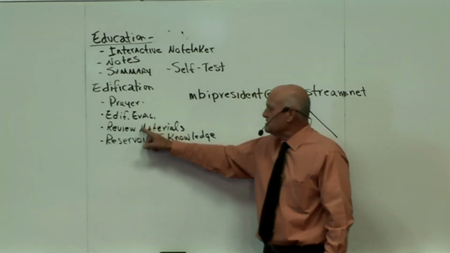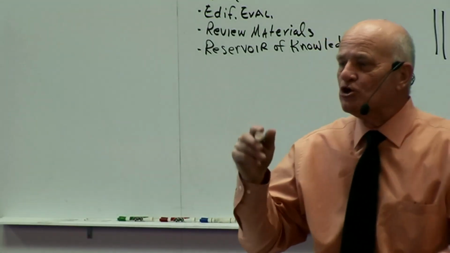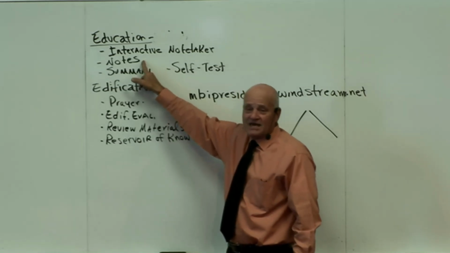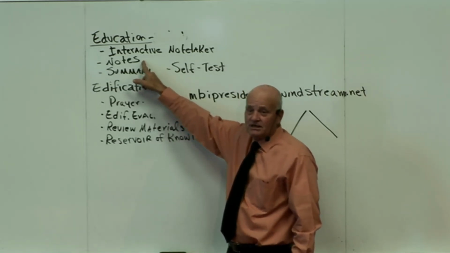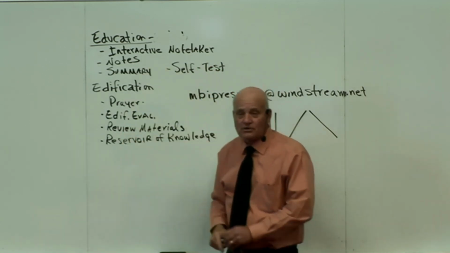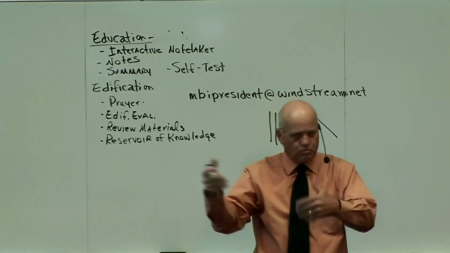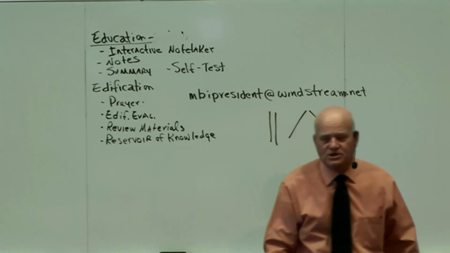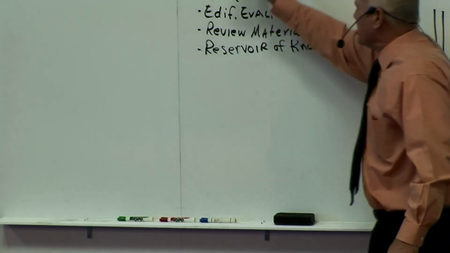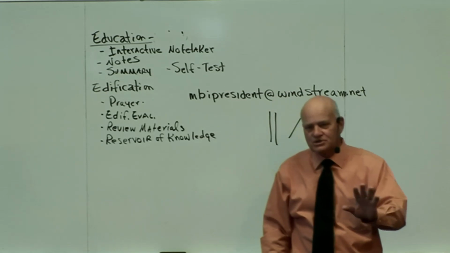But when you see review materials and reservoir of knowledge in your notes, and I know there's something I can't explain in a couple of minutes, I'm going to tell you in red, see the review materials on page such and such for further discussion about whatever. So it's not like you're going to just wonder, what is he talking about? When you're in your notes, I'm going to take you directly to these and tell you what it is that we're discussing there.